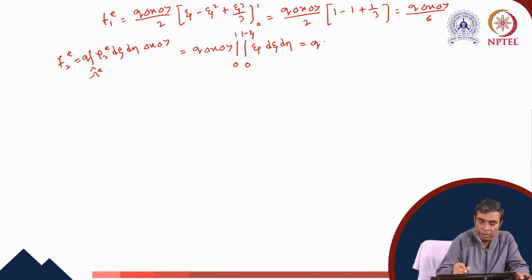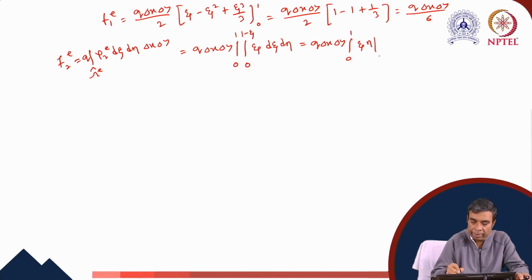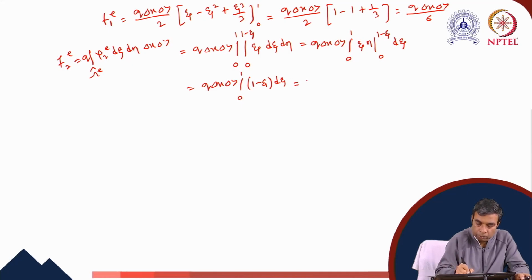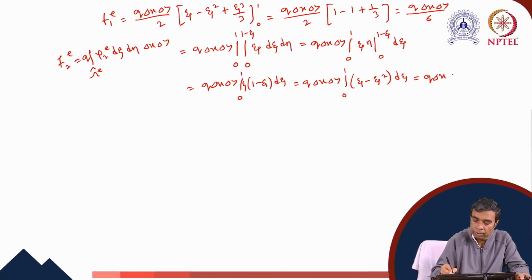This comes as Q into delta x delta y integration 0 to 1 of xi eta, where eta is varying from 0 to 1 minus xi, d xi, equals Q into delta x delta y integration 0 to 1 of xi (1 minus xi) d xi, equals Q del x del y integration 0 to 1 of (xi minus xi square) d xi, equals Q del x del y.